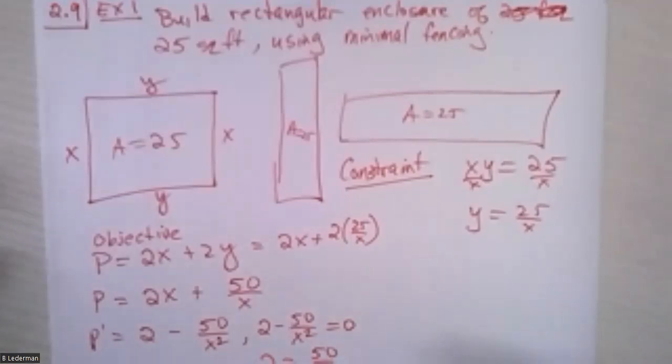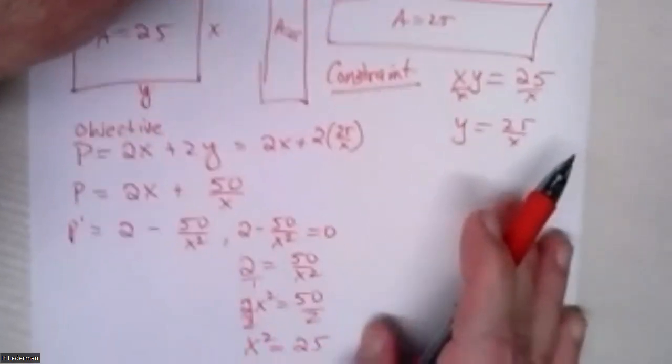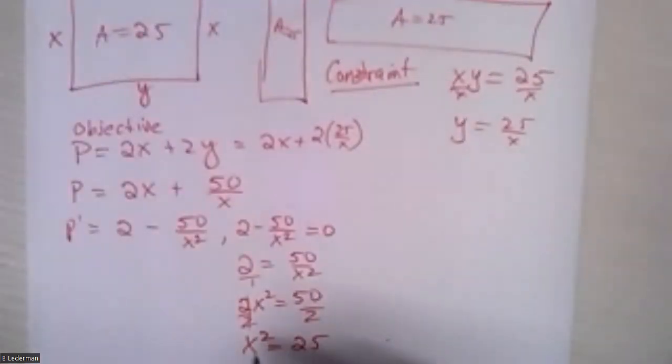There's no possibility of a negative value here, because we're talking about a physical rectangle, a physical fence. So as far as plus or minus 5, forget the minus 5. It's just x equals 5.